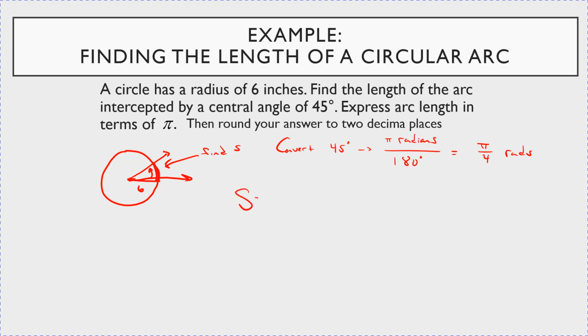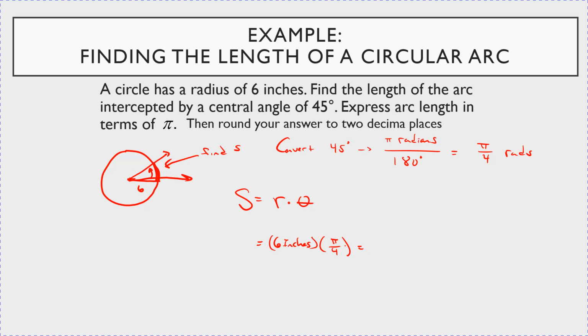So then S is equal to R times theta. R here is the radius, which is 6 inches. And then you're just going to multiply this by pi over 4. So find the exact answer first, expressed in terms of pi.